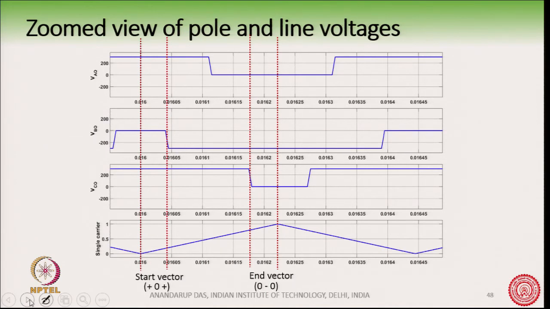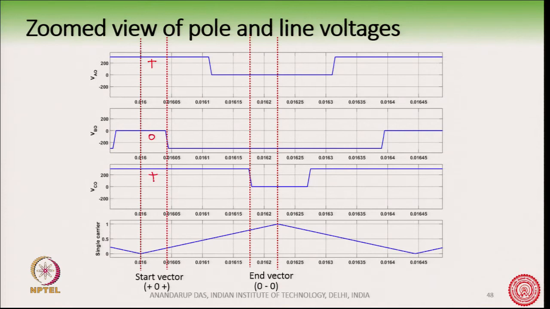So, here you see a very zoomed view of the pole and line voltages, the same which we had shown in the last slide, and this is the carrier. This is the start vector, then there are two intermediate vectors and then there is an end vector. What is the start vector? You can see this is plus, this is 0 and this is plus.